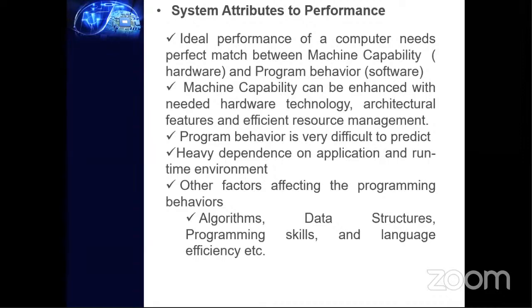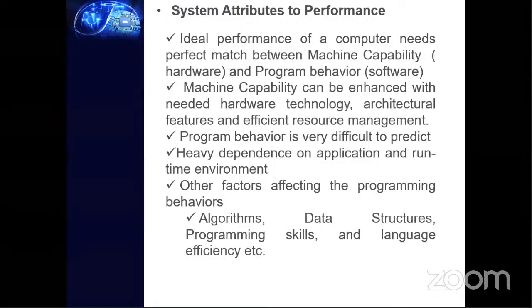Okay, so what is the meaning? I said both software and hardware must cooperate with each other on a parallel computer in order to do a work. Both must respond in time. So that is the ideal performance, the maximal performance of a computer.